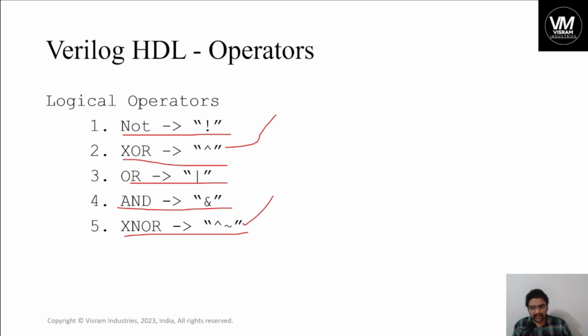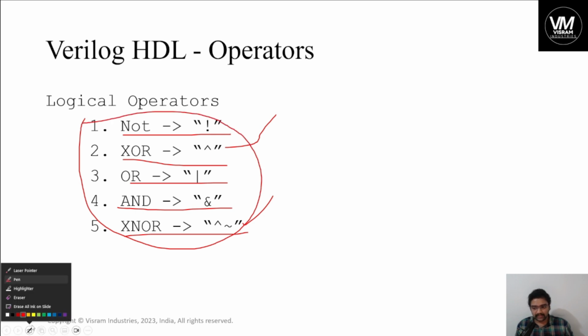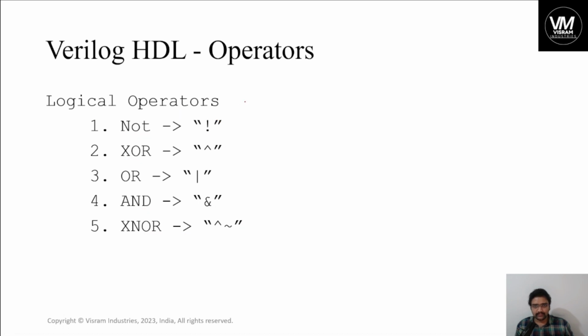NOR and NAND are also there, that you will get to know. These are the logical operators you should be using. Wherever you see them in the test bench Verilog HDL or Verilog HDL, you can identify, okay, this is XOR. Remember these: XOR and XNOR are most widely used.